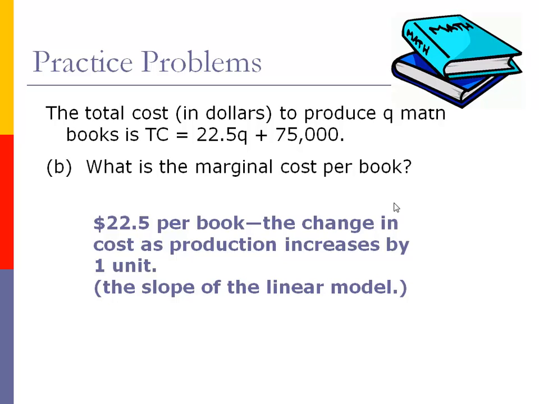So when I'm looking at my linear function here, I'm looking at slope for my marginal cost. It's 22.50 there. And so that's telling me my change in cost as the production is increased by 1 unit. That's your definition of marginal cost when you get to your econ class. So basically for us as math people, I've got a linear situation. Marginal cost is my slope.